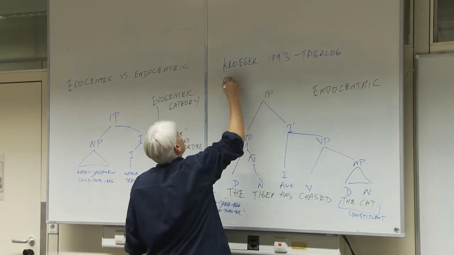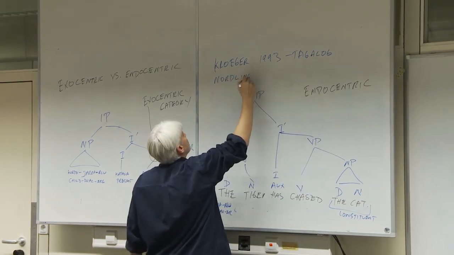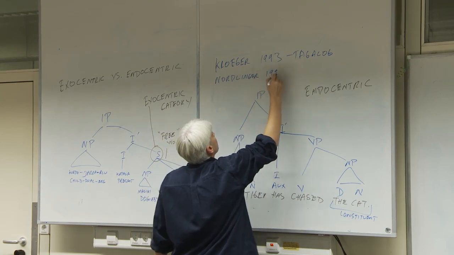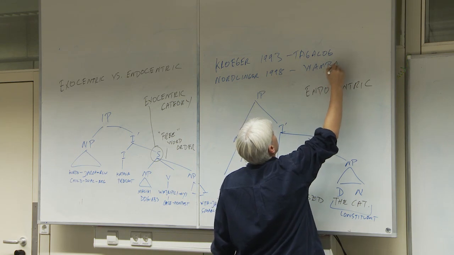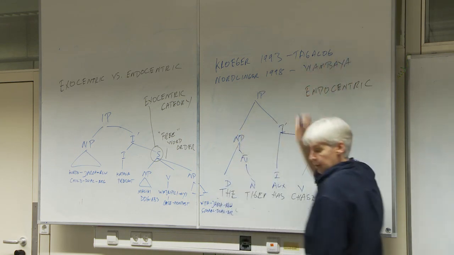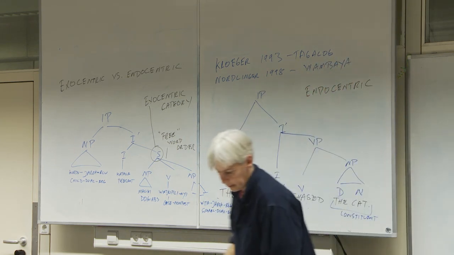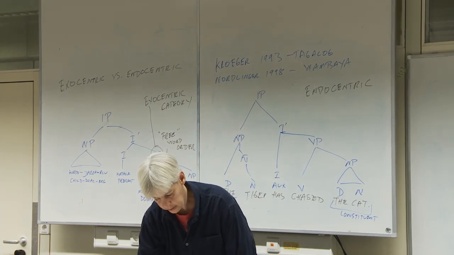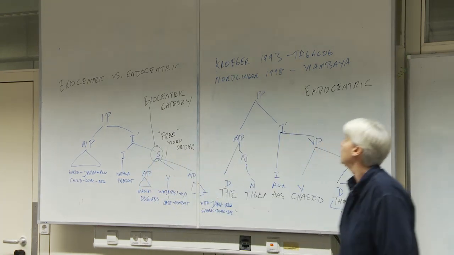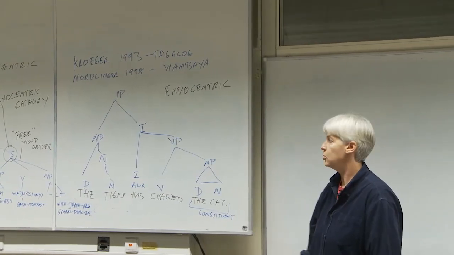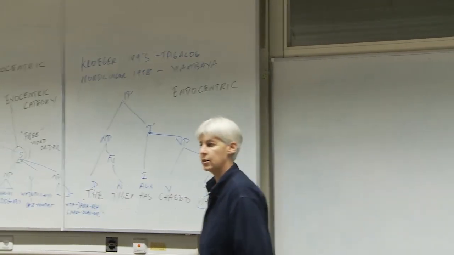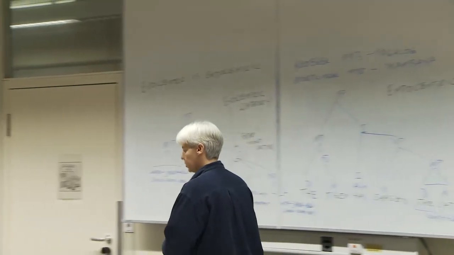Rachel Nordlinger in 1998 wrote on Wambaya, an Australian language. Tagalog is spoken in the Philippines. Okay, so they looked at the patterns in those languages and figured out what the C-structure should be and came up with this generalization. So there's many, many, many reasons why you would want to do it this way.